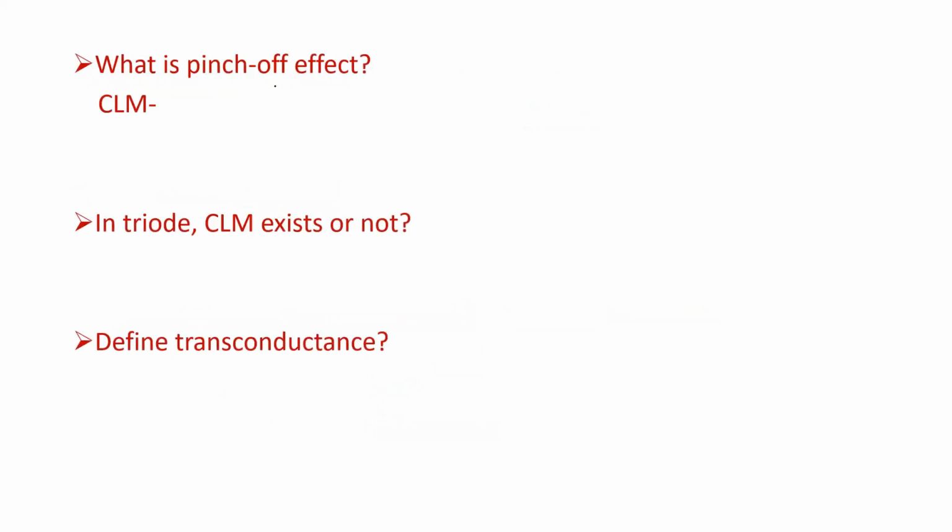So what is the pinch-off effect? When we apply the drain voltage and we are increasing the value of the drain voltage, at one particular point there is a formation of a large depletion region here. If this is your source region and this is your drain region, and we are applying more and more drain voltage, then there is a formation of this particular depletion region.